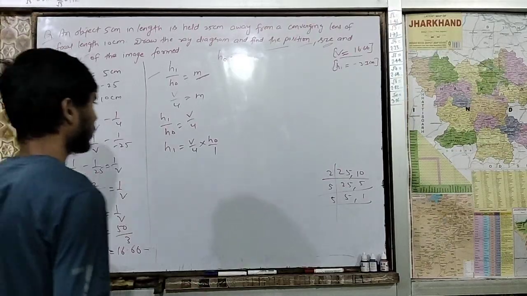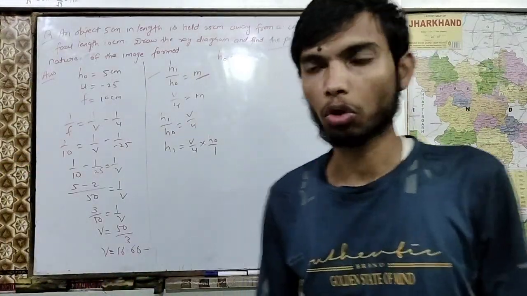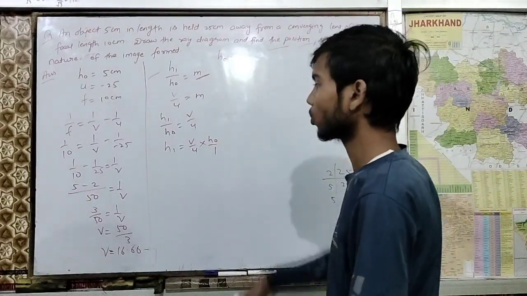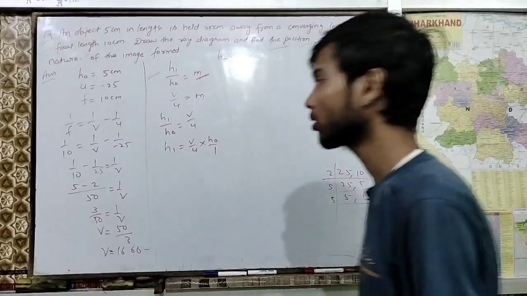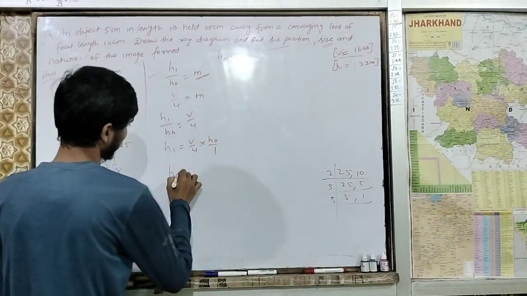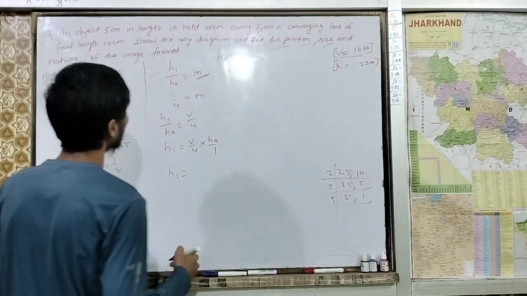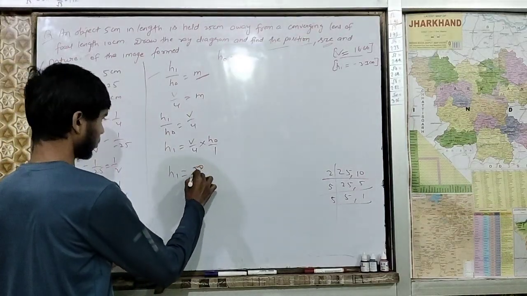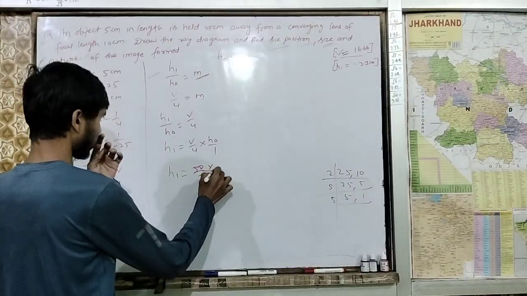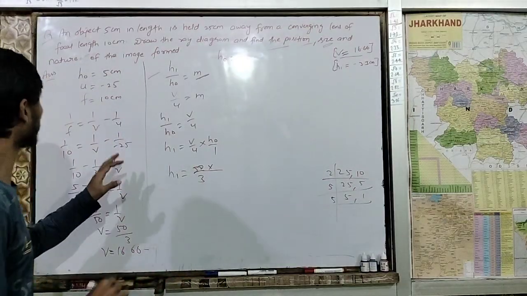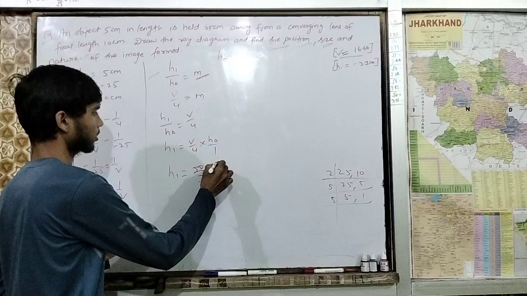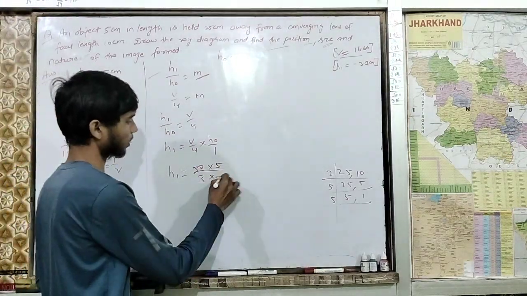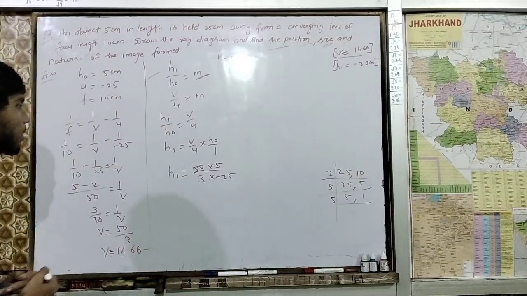Now look, we have values of v, u and ho, so you can substitute the values. So hi: v is 50 upon 3, ho is 5, and u is minus 25.